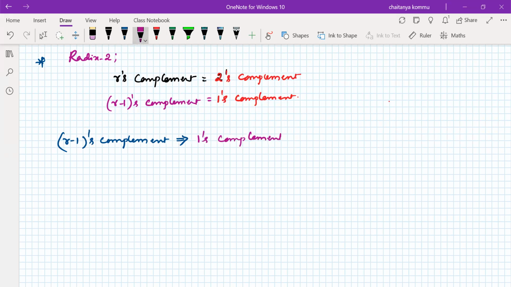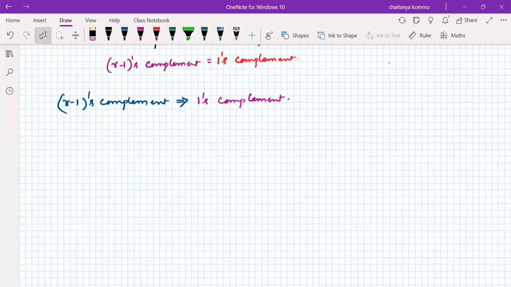What is the mathematical equation we are supposed to use for this? We have to consider 2 power n, where n is the number of bits, minus 1, minus the given number.